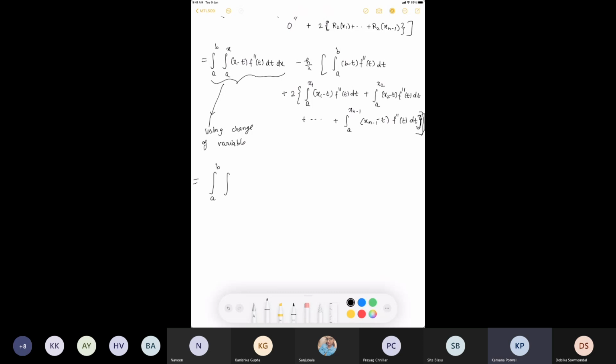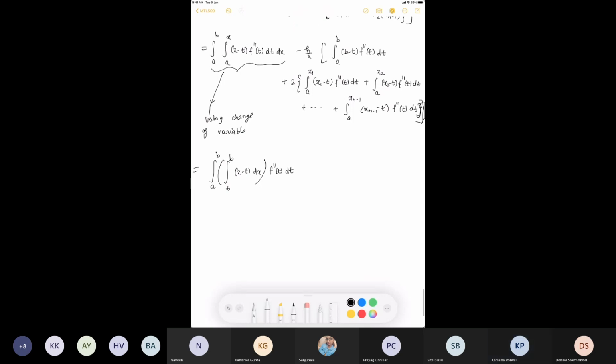These are the limits for the t, and then the limit for the x is going to be t to b. Okay, (x minus t) dx. I can do this integral separately, and then f double prime t dt. Okay, exactly the same steps what we have done before. And then we have minus h by 2.